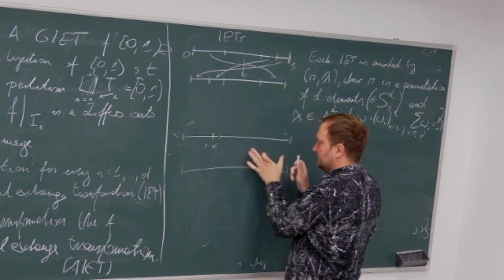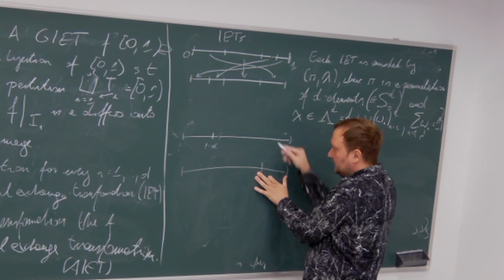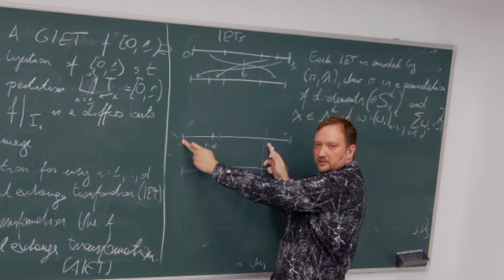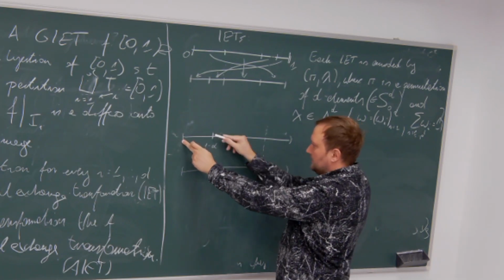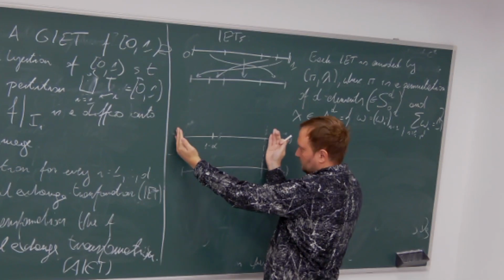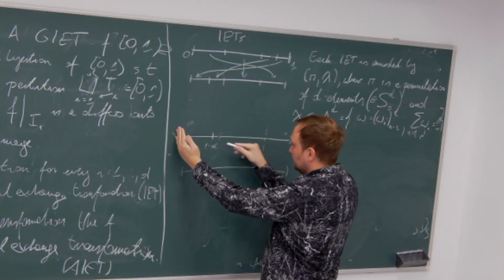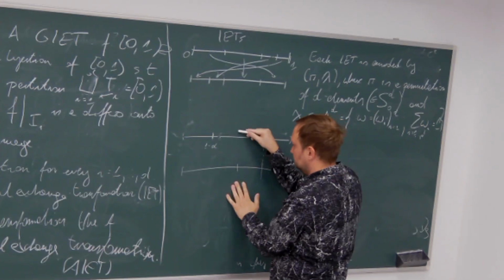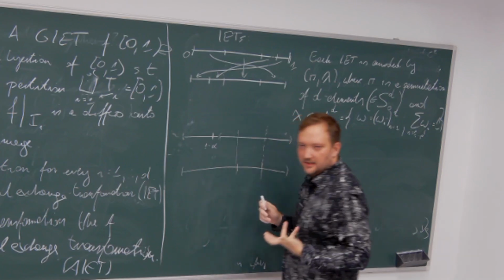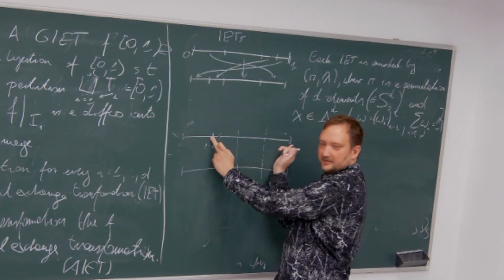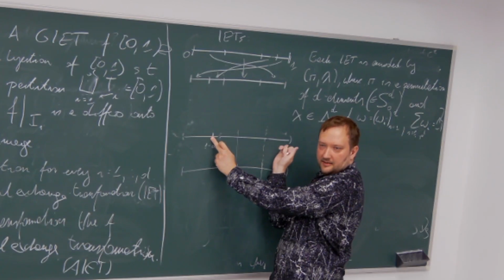I see where the image is. The image is here. Then I cut the domain and consider the first return map to this interval. The first return map is just going to be this rotation. So then this interval goes over here. I do it again, and basically I can do it as many times as long as this interval is shorter than whatever remains here, and the exact number of times is a1.